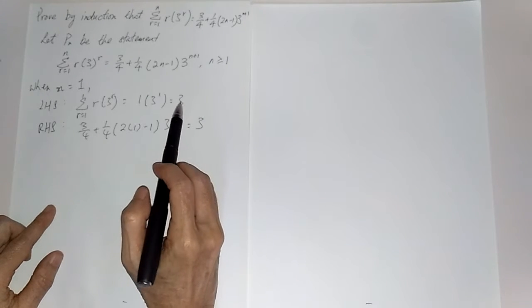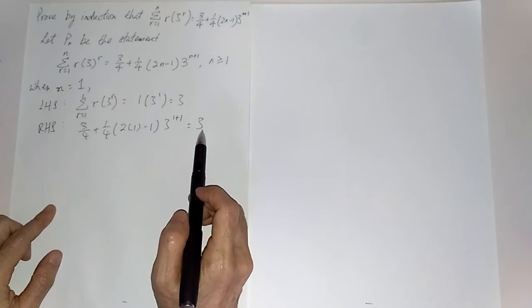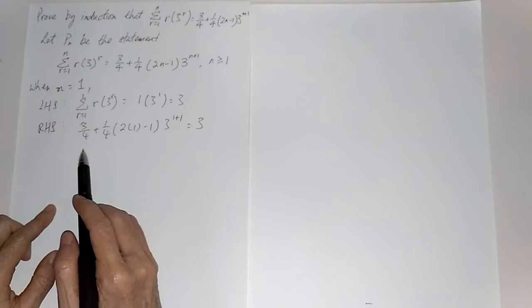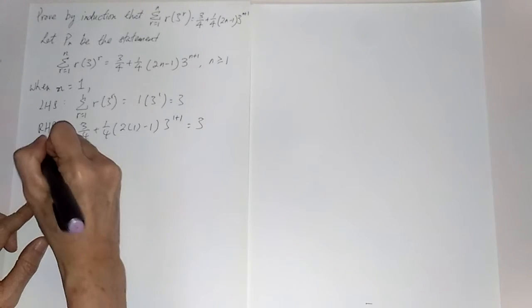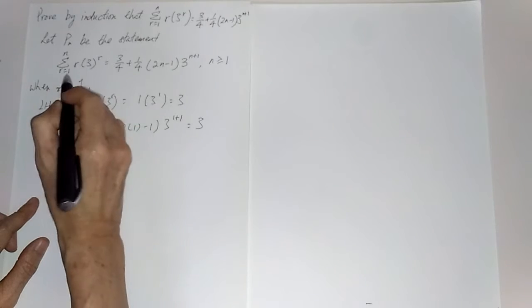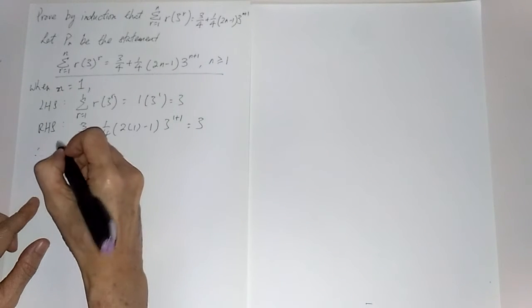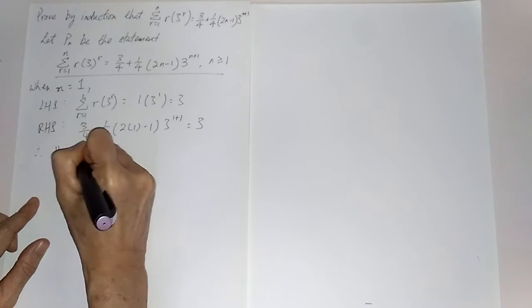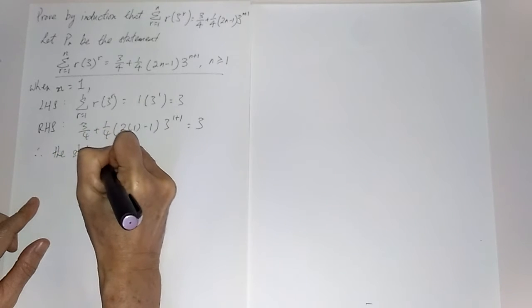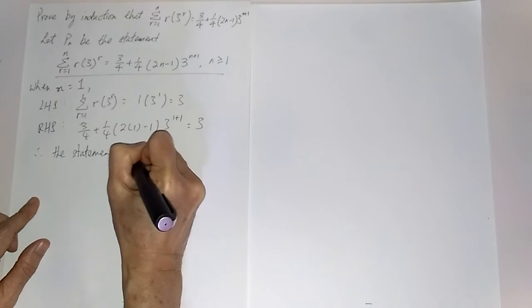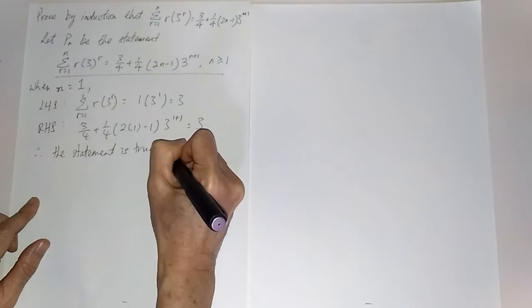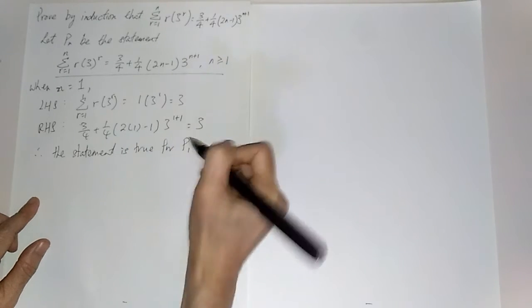So the left-hand side equals 3, and the right-hand side equals 3 when n equals 1. Therefore we can say the statement is true for P1.